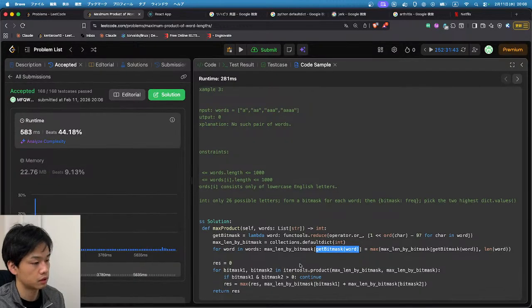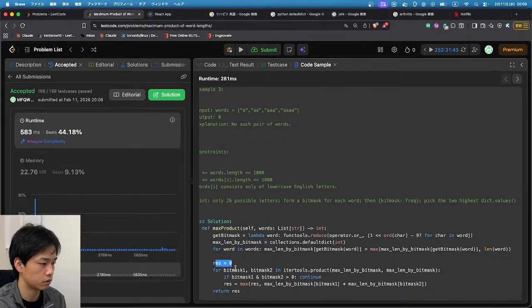Bit mask. So this function converts the word into the bit mask, and the bit mask is used as the key of this dictionary, max length by bit mask. And this dictionary's value is its length.